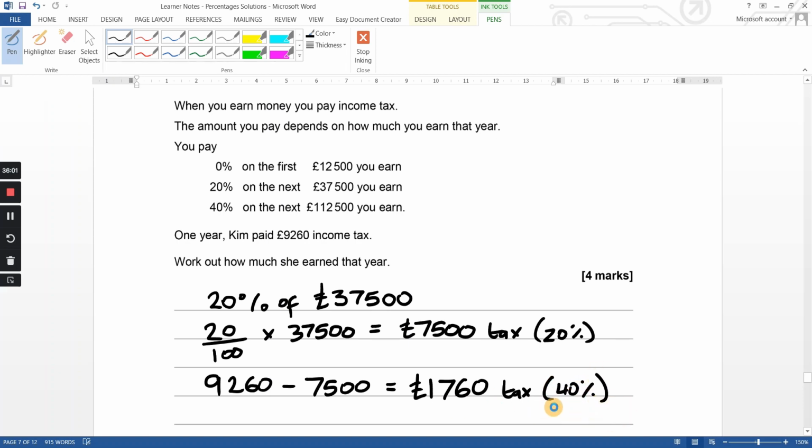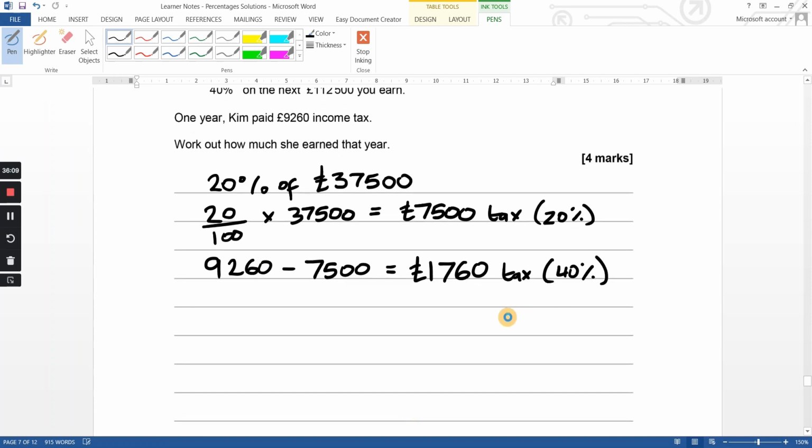So 40% of something equals this amount. I'm going to use a little bit of reverse percentage for this. You know why? Because 40% of the original equals this £1,760.